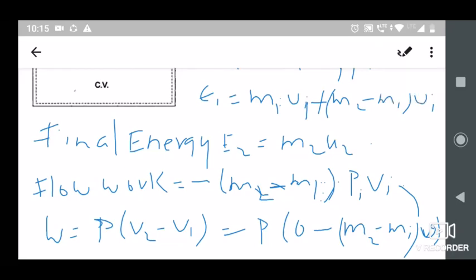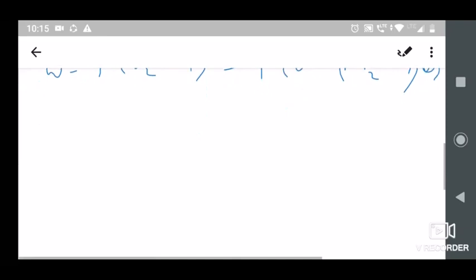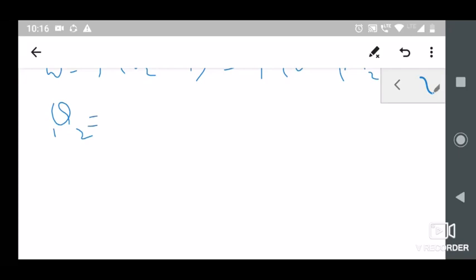Now let us apply the first law to the process. So Q12 is equal to change in energy plus work. Here there is no shaft work or mechanical work. The only work involved here is flow work.